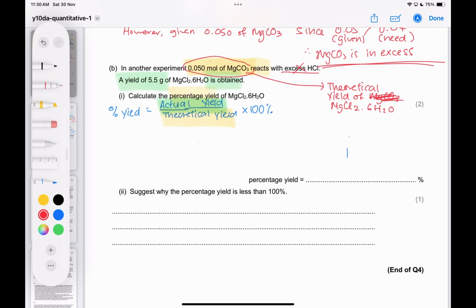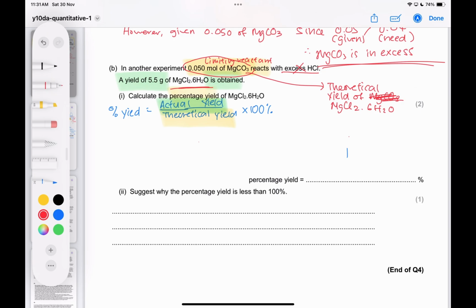So this is actually our limiting reactant in this part of the question. Because we only have this amount of MgCO3 being given, we will base our theoretical yield on that. Whatever is formed is based on the limiting reactant. The limiting reactant always stops us from producing more of the product. In this case, the product is this. So how do we do this?